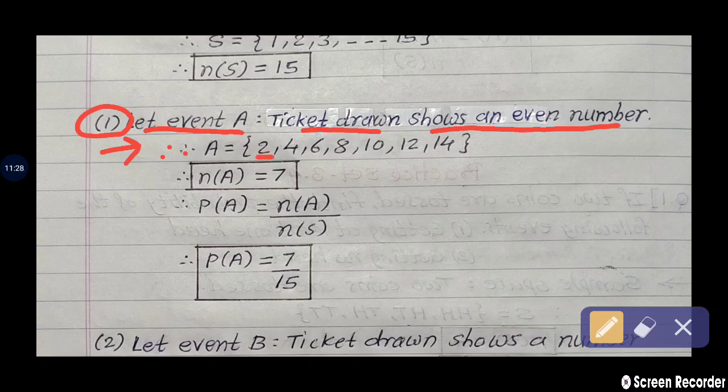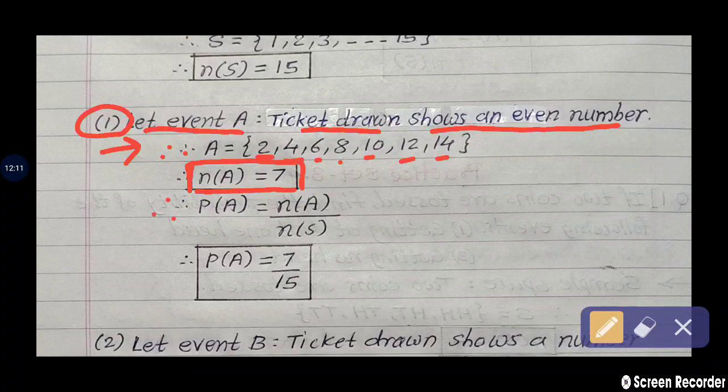The numbers divisible by 2, or those with digits 0, 2, 4, 6, 8 at the unit place. Even numbers from 1 to 15 are 2, 4, 6, 8, 10, 12 and 14. Counting them, total 7 are there. So n(A) = 7, meaning the sample points in event A are 7.